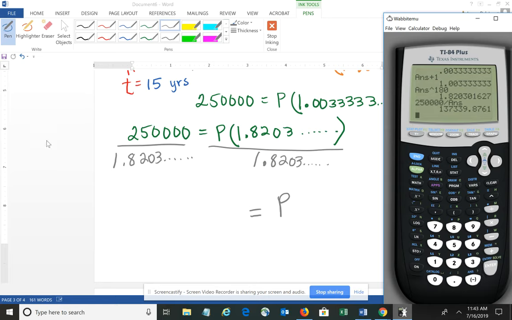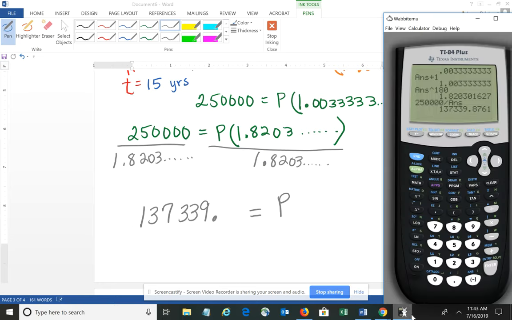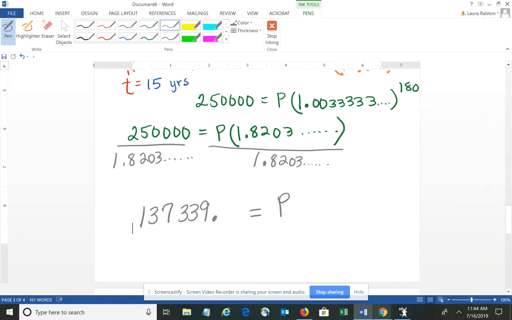So I have $137,339.88. Did I say 87 cents? Let's see. 88 cents because the 6 is going to bump the 7. So it wanted us to round it to the nearest cent. So this would be 88 cents.